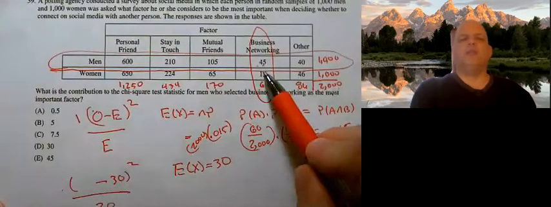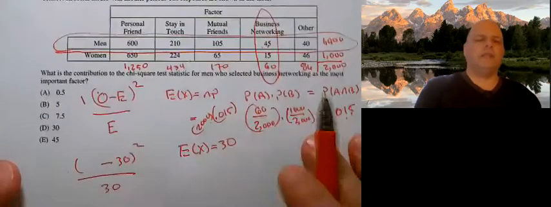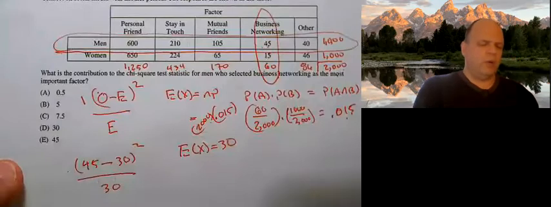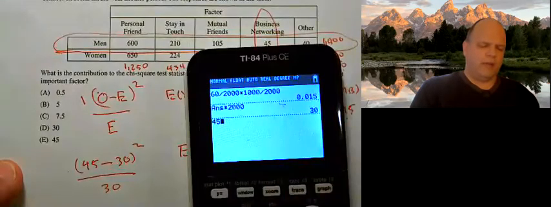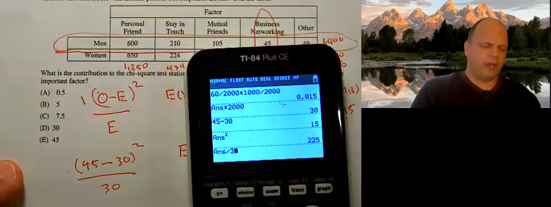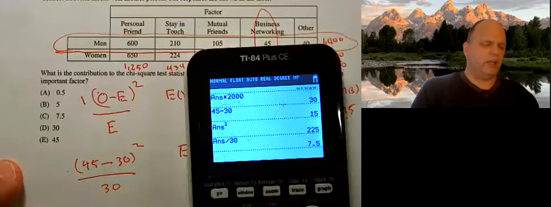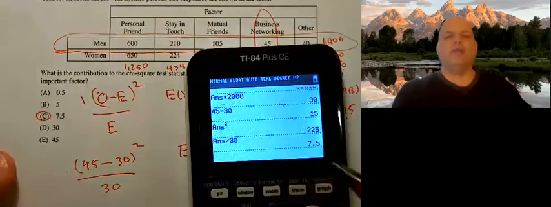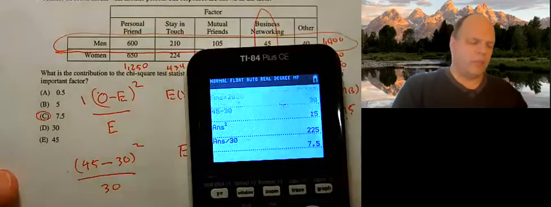And in this case, my observed was 45. So here we go. 45 minus 30, I'm going to go ahead and square that, and I'm going to divide by 30. And I end up getting 7.5. So 39 is C.